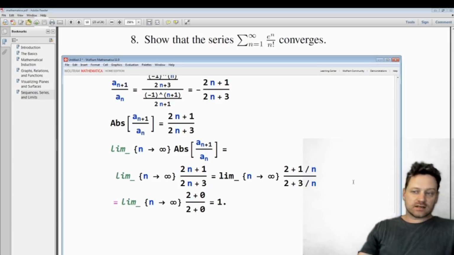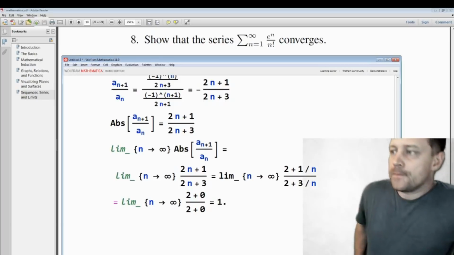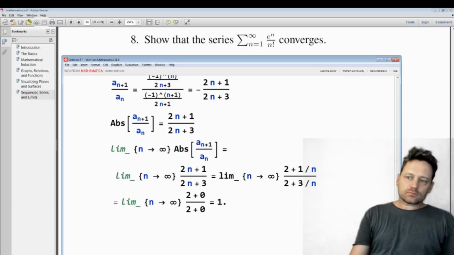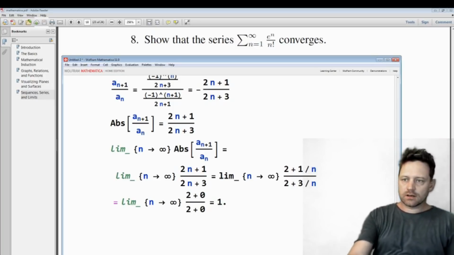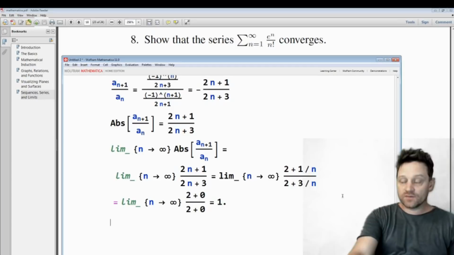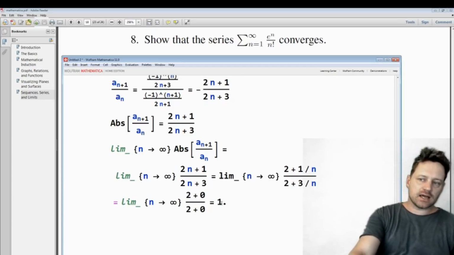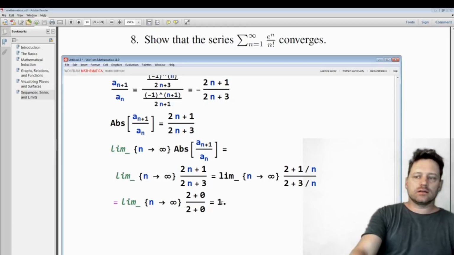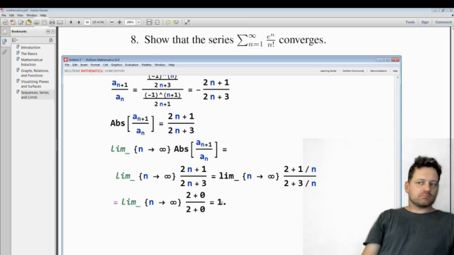Well, it says it's inconclusive. We know that this series should converge to pi on 4, but the ratio test here says that you cannot deduce that the series converges.